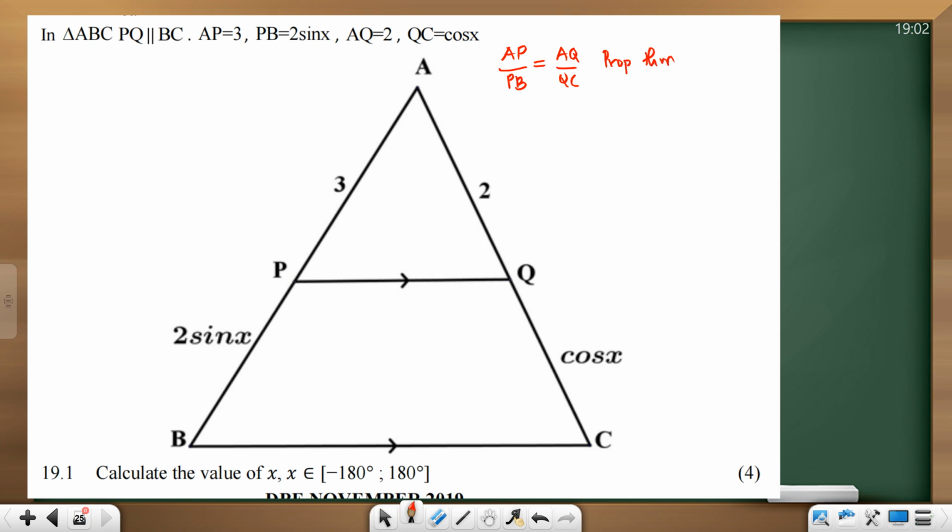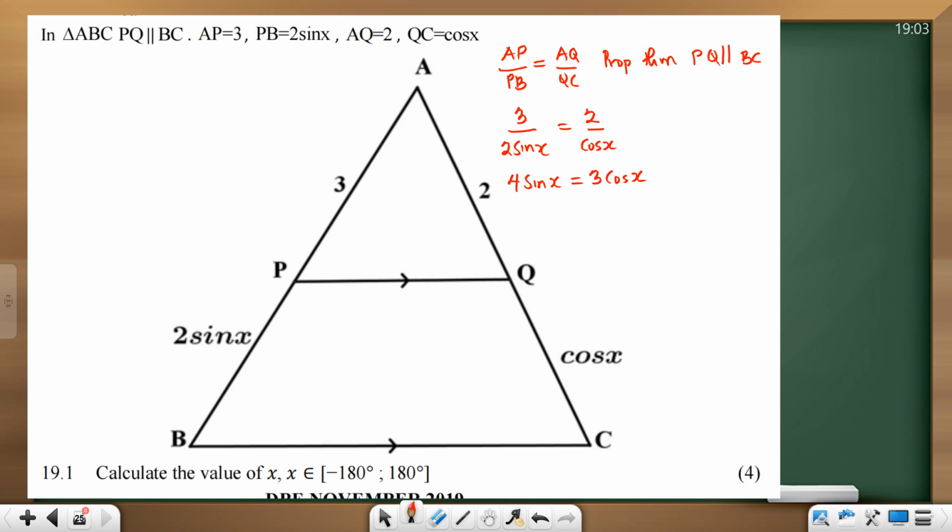Prop theorem. PQ is parallel to BC. What is my AP? 3 over 2 sine x, 2 over cos x. Let's cross multiply: 4 sine x, 3 cos x.